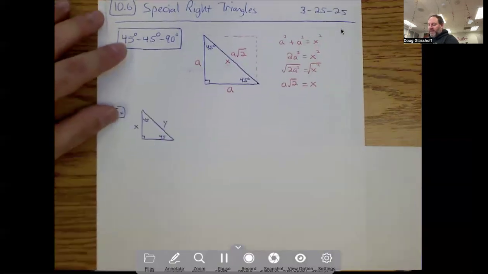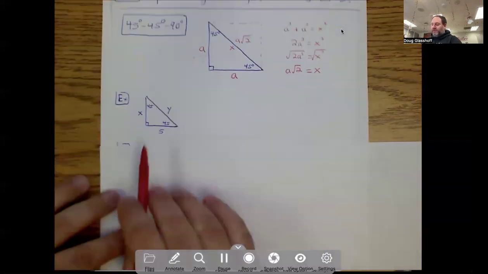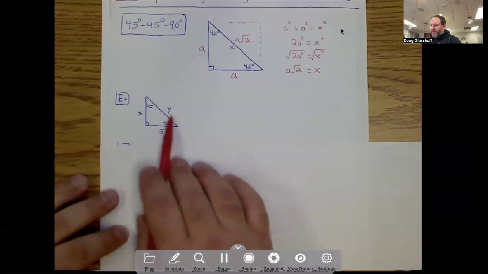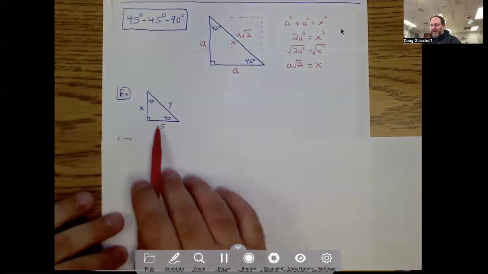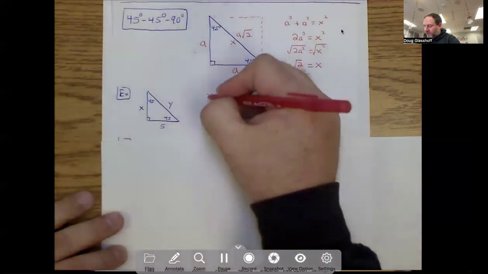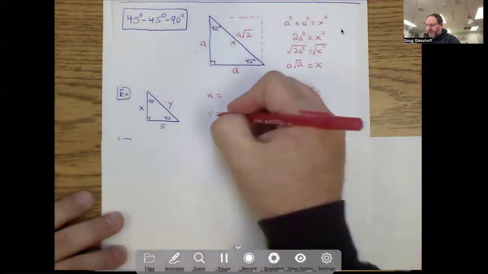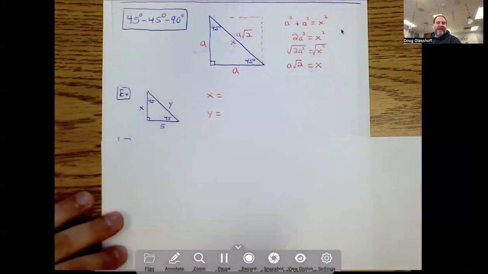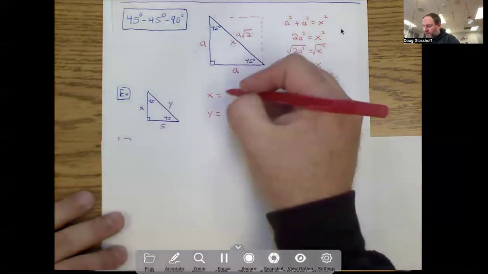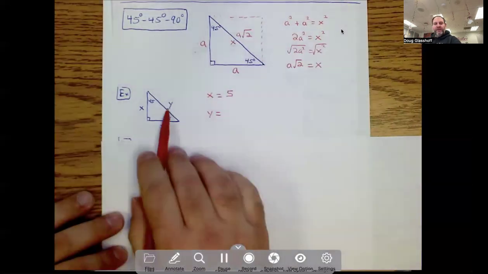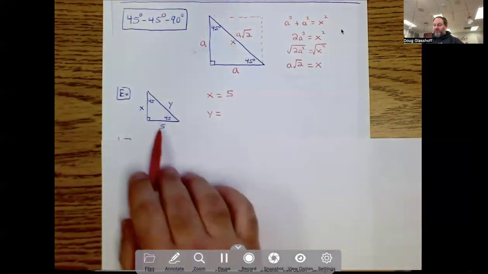So let's look at an example of how to tie this in. If we know we have a 45, 45, 90 triangle here, and we're trying to find x and y, well, if you look at this right away, we know that x has to equal 5 because these two sides are the same. They're the sides of a square. And then the other side, we do now have two sides of a right triangle.